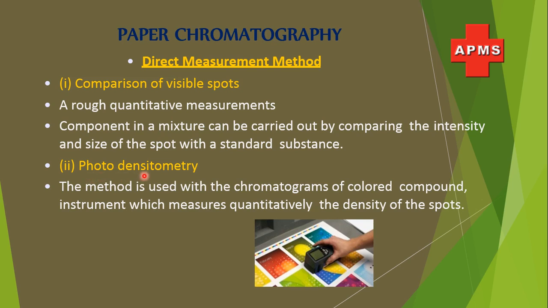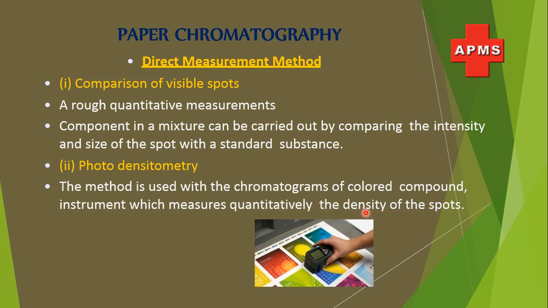And the second is photodensitometry. Here a digital instrument is used for the quantitative analysis. This method is used with the chromatograms of colored compounds. So this technique, photodensitometry, is actually applied only for colored compounds. It is an instrument which measures quantitatively the density of the spots.